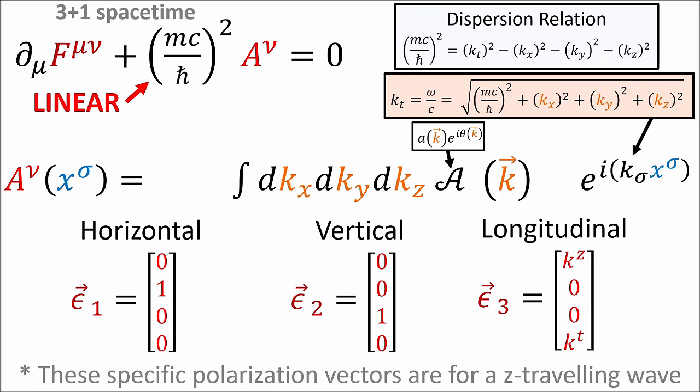So we must also include a summation over r from 1 to 3 for the polarizations. The amplitude curly a for a given wave should depend on both the wave vector k and the polarization r. If we take the real part of this, it is the most general solution to the real Proca equation.